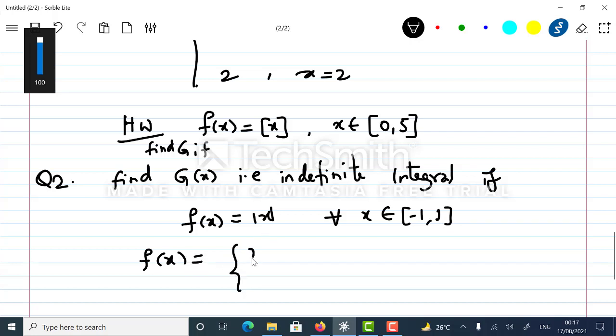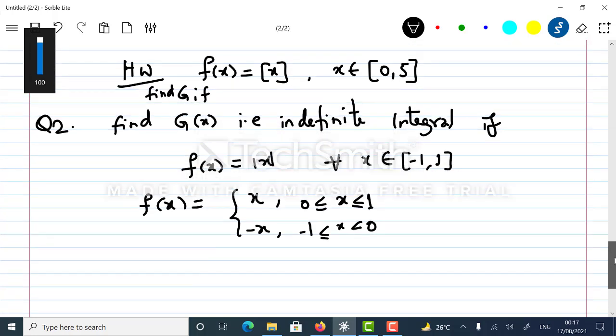So mod x means it is either x or minus x. So x if x is positive and minus x if x is negative. So negative means x must be between -1 to 0. You can add 0 anywhere, that doesn't matter, and it is positive if x is greater than or equal to 0 and less than or equal to 1. So this is how my f of x is defined.